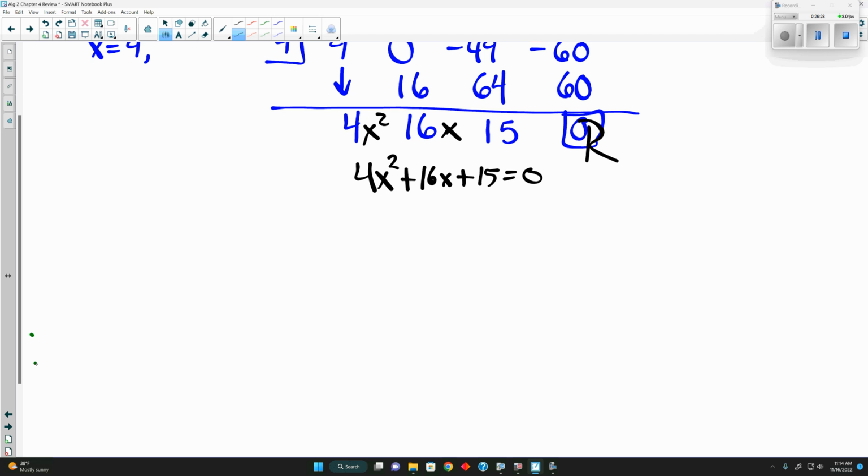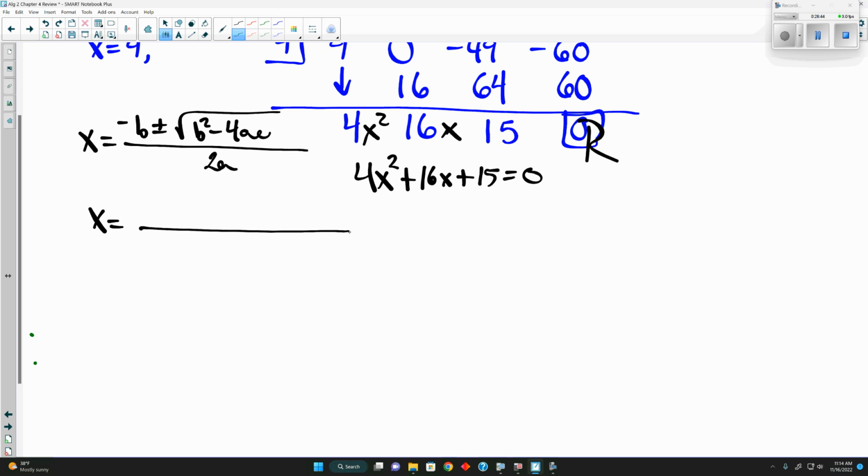Now we can use the quadratic formula at this point. X is equal to negative b plus or minus the square root of b squared minus 4ac all over 2a. Well, the value of b in this case is 16. Because the number in front of x squared is a, the number in front of x is b, and the number by itself is c.